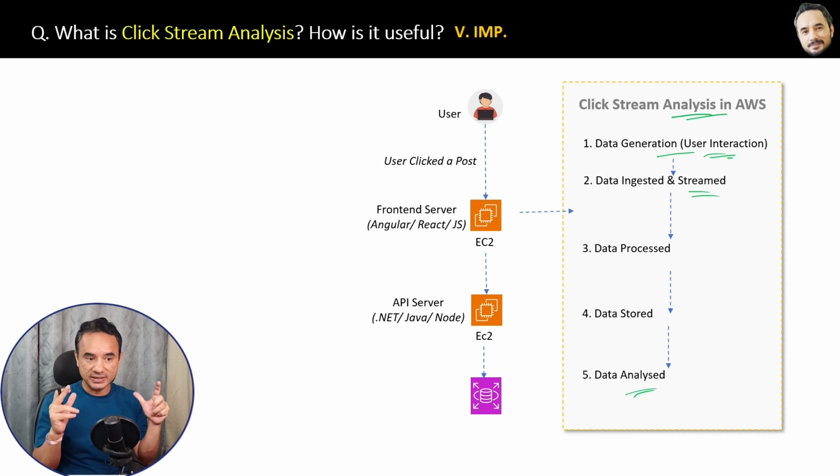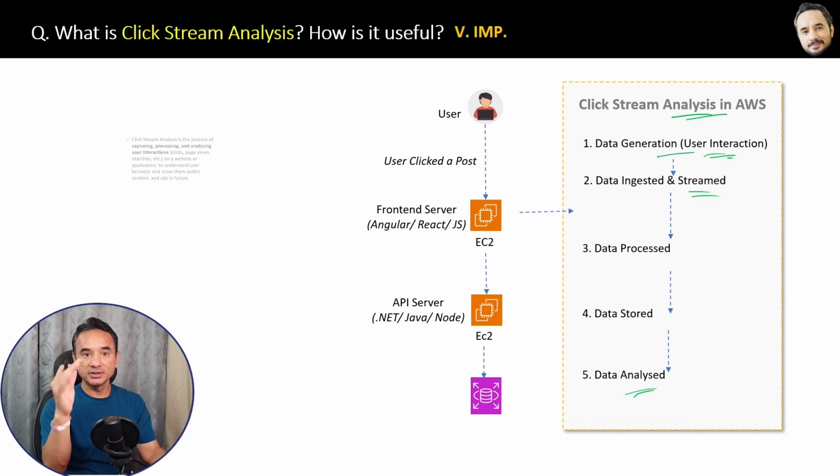And yes, as I said, big players like Facebook, Google, Instagram, Amazon all do this to improve your experience on their websites or mobile apps. I will show in detail how each step is performed using some tools in the upcoming questions.